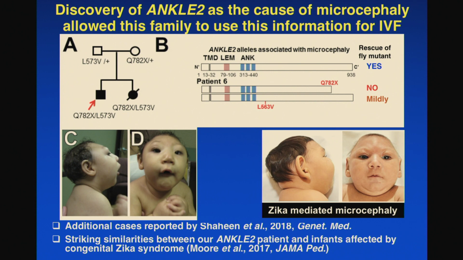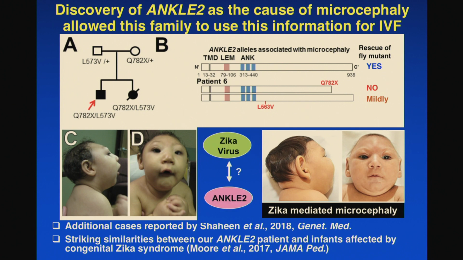In fact, mutations in ANKLE2 mimic the Zika virus infections that are occurring in the first trimester in women in South America, to the point that some physicians drew a parallel in the literature before we discovered that the Zika virus targets this protein, and said that there were 3 human genes with microcephaly that should be pursued because they look so similar to what happened in Zika virus infections.